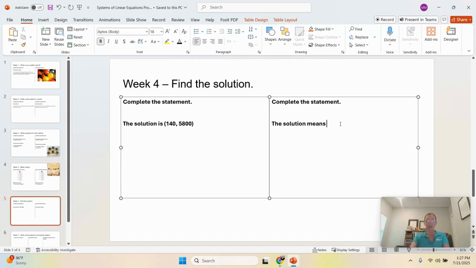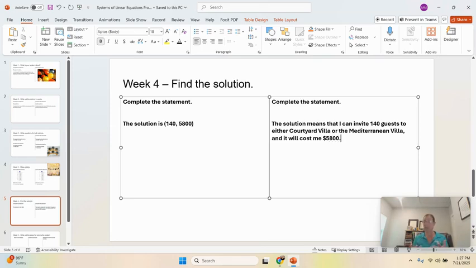Okay, so the solution means that I can invite 140 guests to either the courtyard villa or the Mediterranean villa, and it will cost me $5,800.